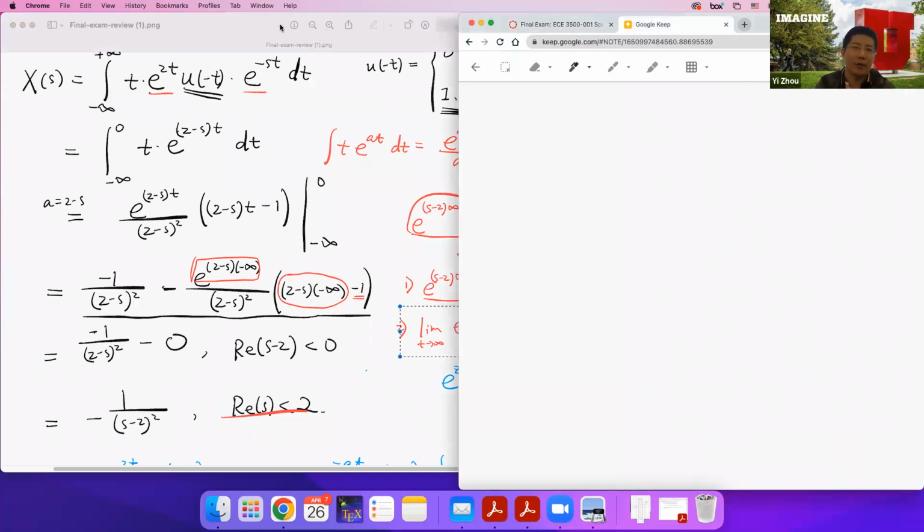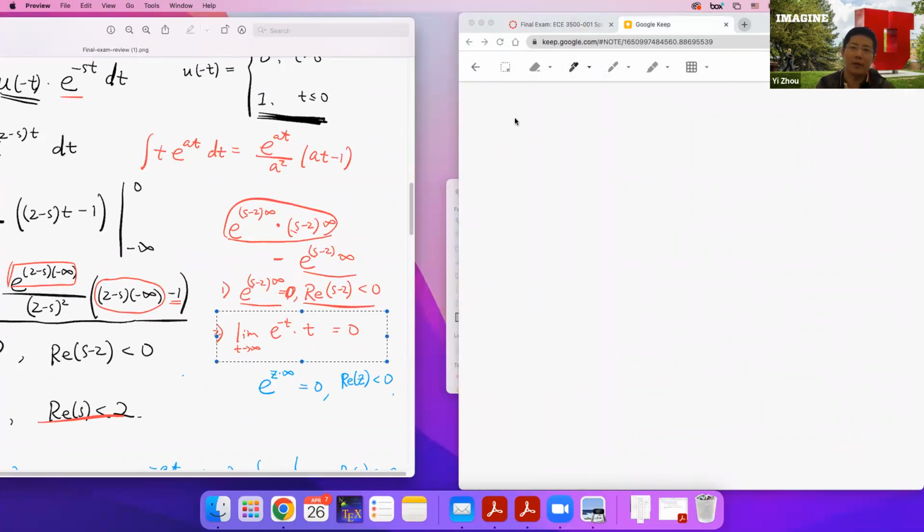Let me write it here. For this one, first of all, we know that the limit of e to the power of negative t times t as t goes to infinity is 0. This is an independent result.